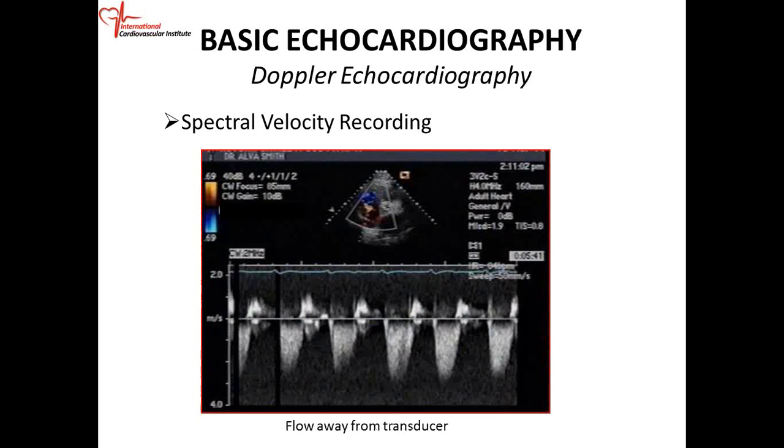Let's look at the actual scenario. So when you look at this, this is a short axis at the level of the aortic valve. This is the tricuspid valve right here. Okay?